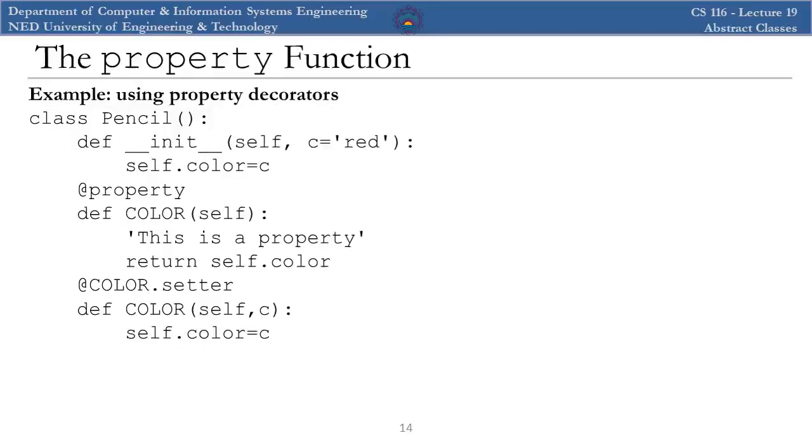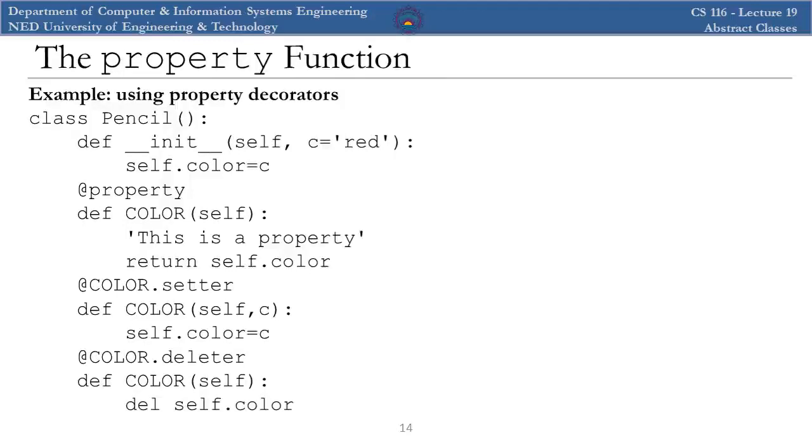Otherwise, I could have put some checks here also. And here is the deleter. In the deleter, the same format: dot deleter is the keyword, and color is the name of my property. What I do inside this method is simply delete this property. Del is an operator we all know about.